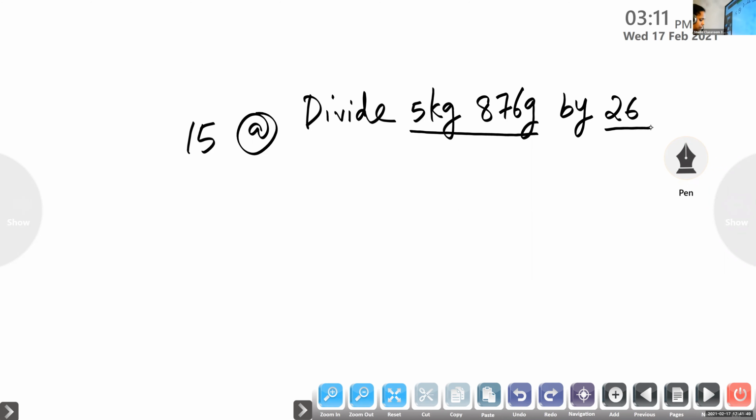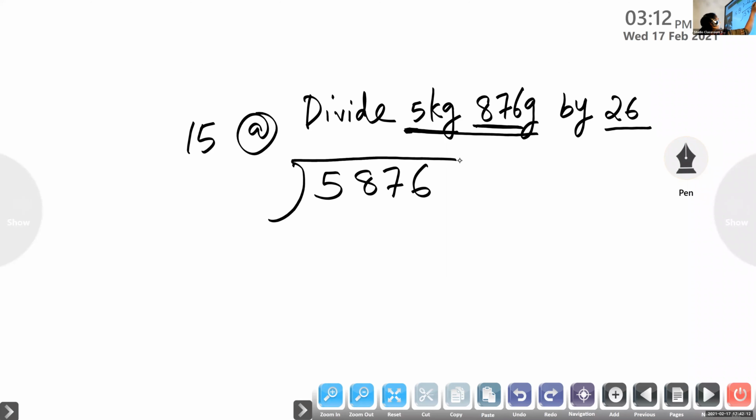So how to write the numbers? Just write 5 in kilogram, then how many gram? 876. And that is the dividend. Divide with, what is the divisor here?